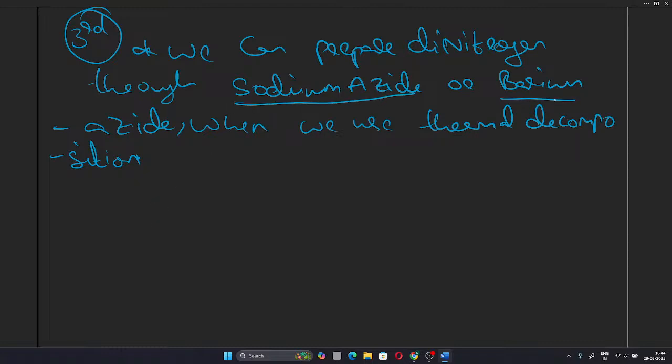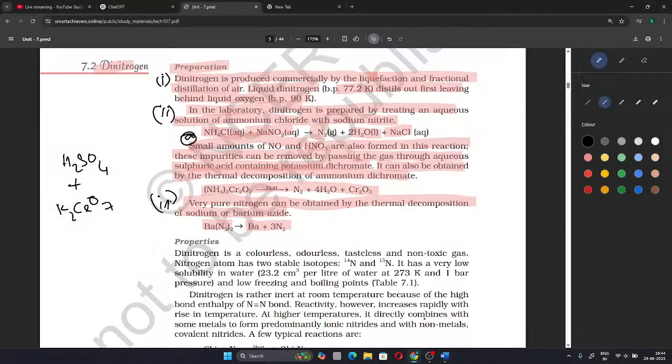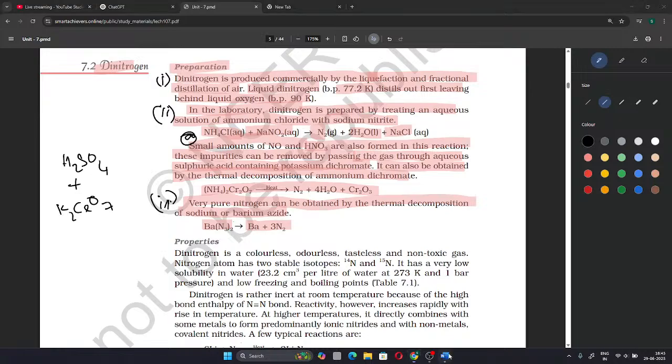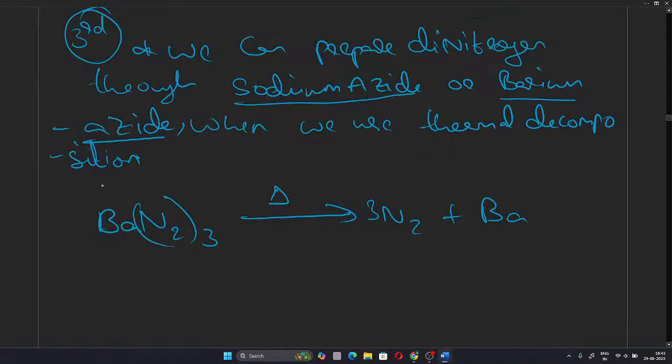Barium azide is Ba(N3)2. If we heat this, we will get very pure N2. The reaction is 3N2 plus barium. This is the reaction.